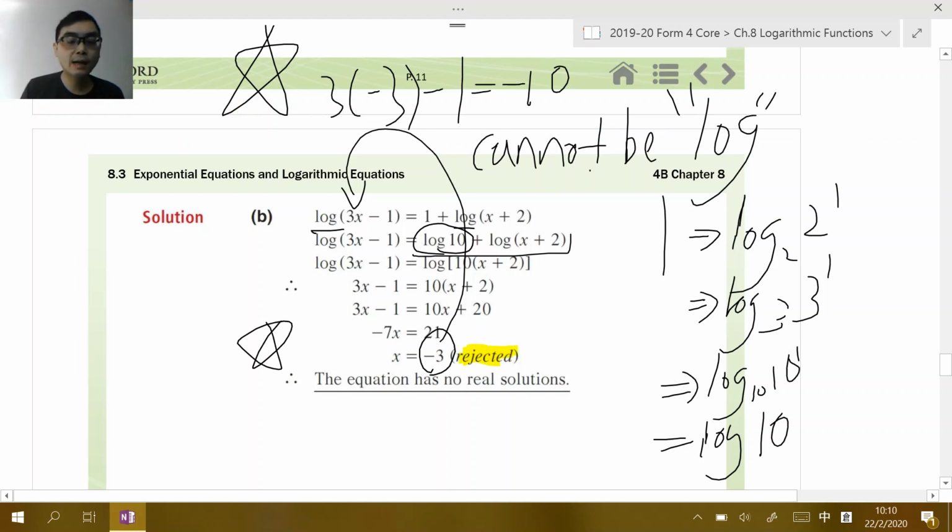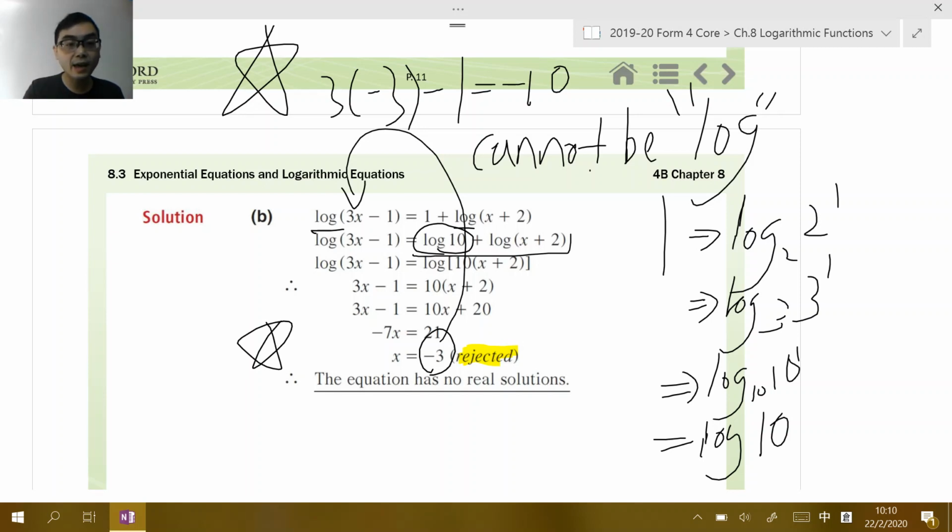Do remember that you can see now x is a negative number. But do remember, not only negative numbers do you need to reject. Sometimes you may have to reject x when it is a positive number, or x is 0, or so on. Because the most important thing is that after you have got x, for example here it is -3, you have to put it back into the log equation to see whether there is a problem. What is the problem?